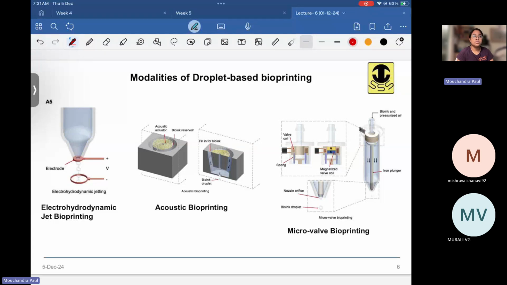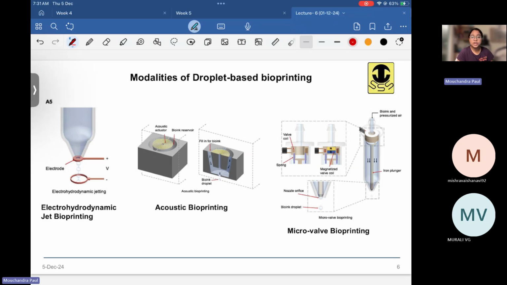And also the cells are not exposed to any high temperature or physical stress, like the stress you apply with piezoelectric actuators. So that does not happen. The cells are completely free of any kind of stress here, and you need no electric field either. It's a very gentle technique.